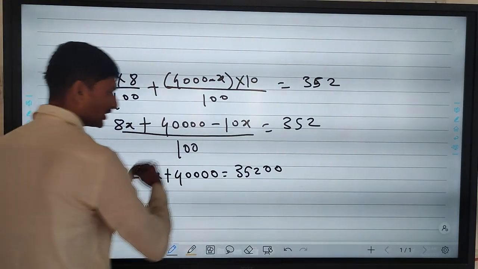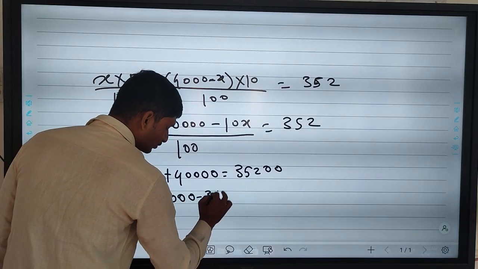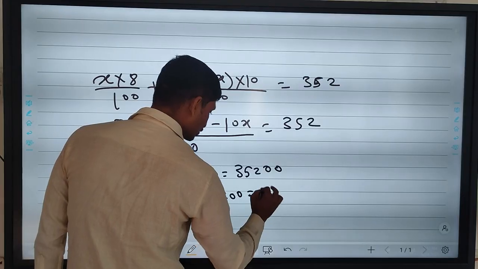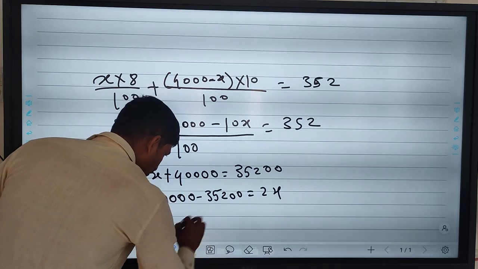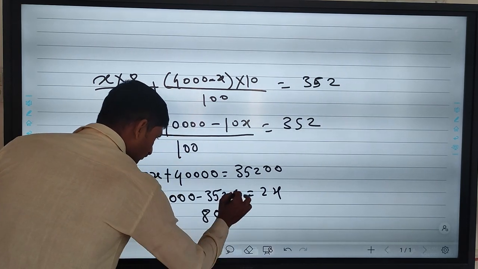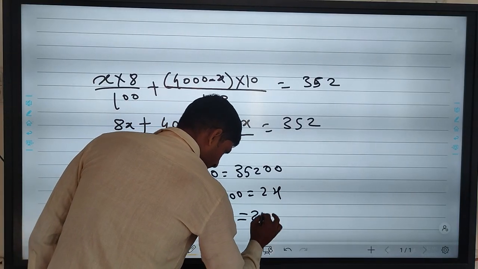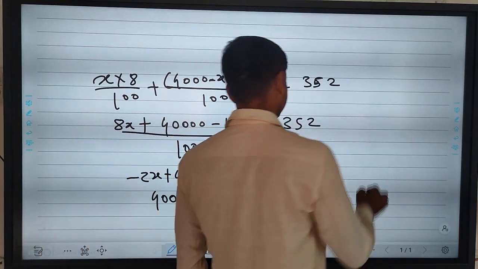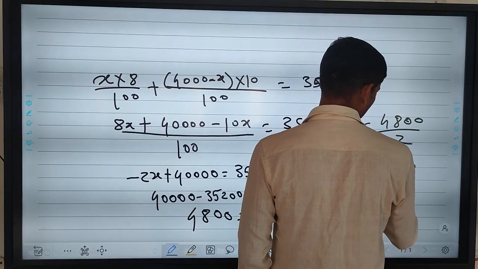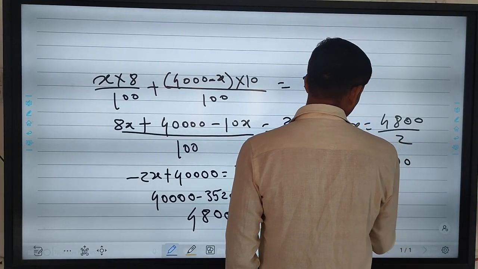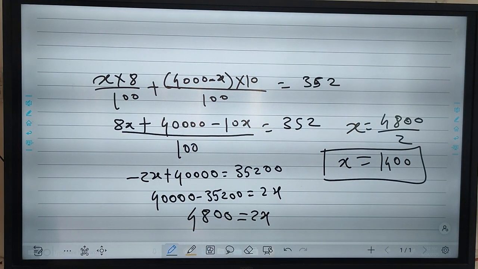Now 2x comes to the other side: 40,000 minus 35,200 is equal to 2x. We get the subtraction of these two. Now the value of x is equal to 1400.